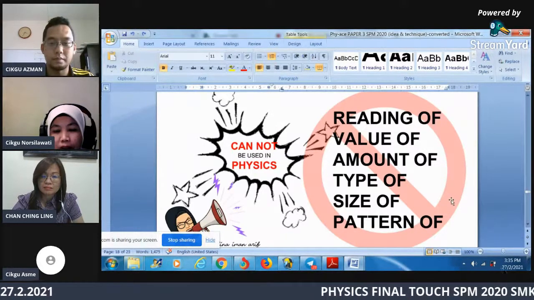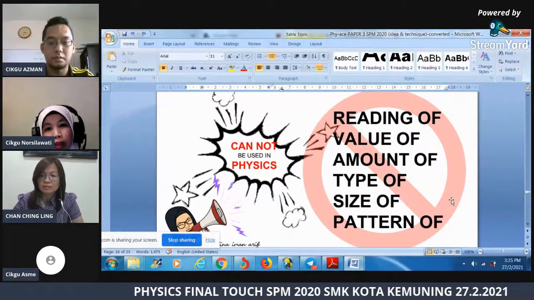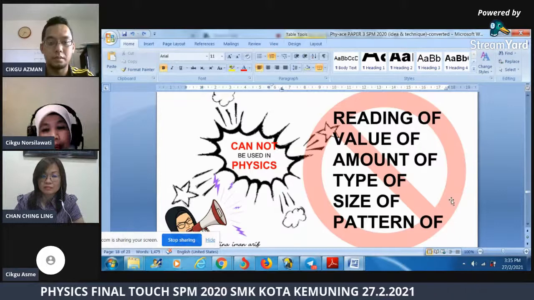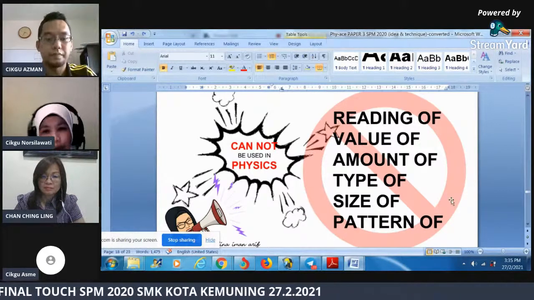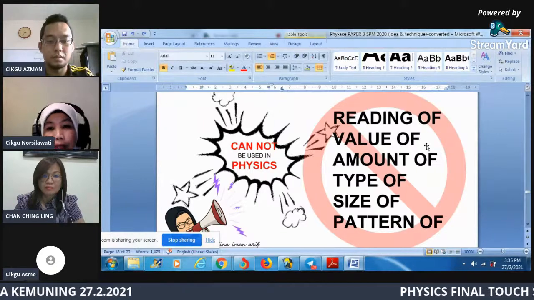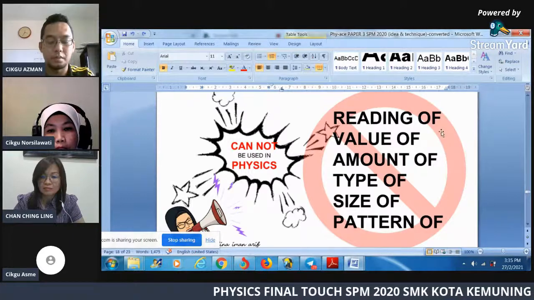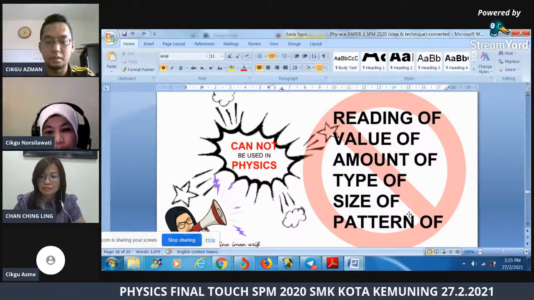Because all of these are not physical quantities. A physical quantity must be something that can be measured. If you write the value of, the value of what? It must be a quantity there. So all of these cannot be used in physics.